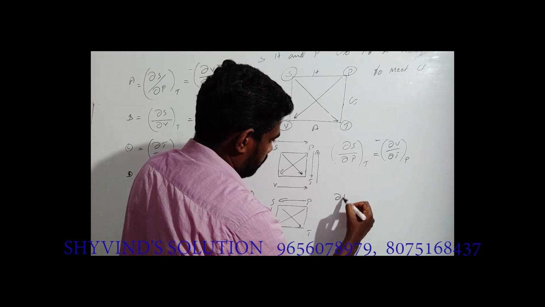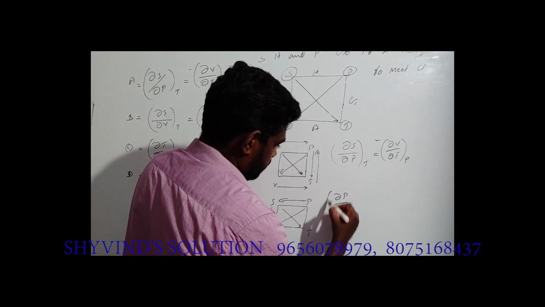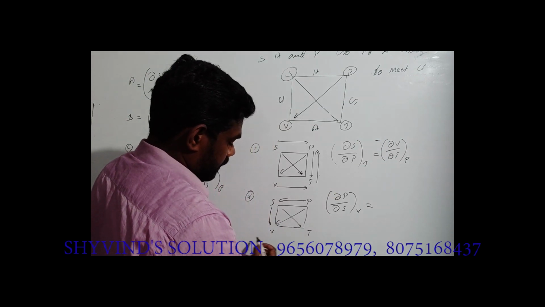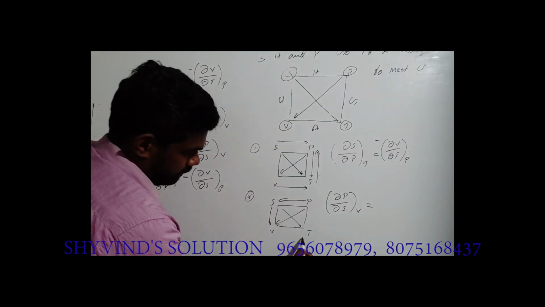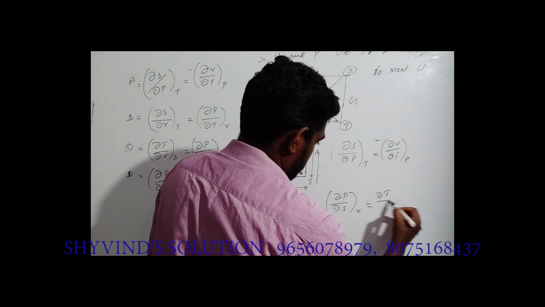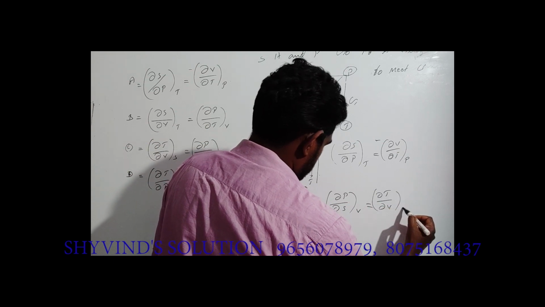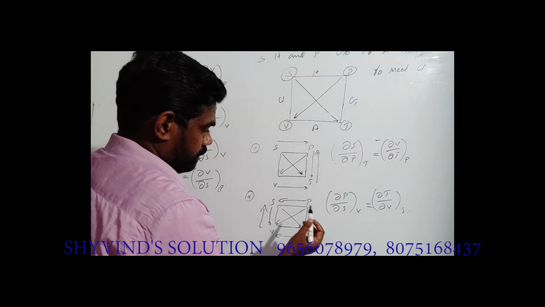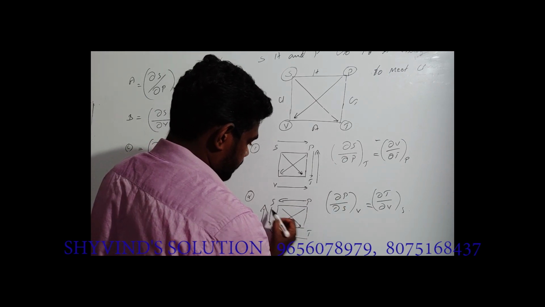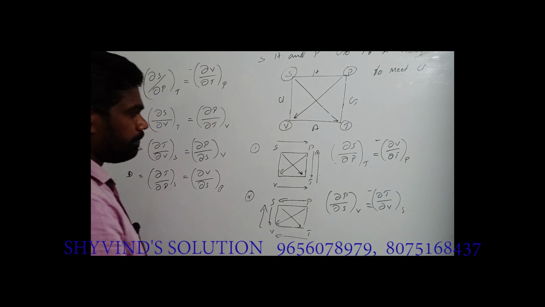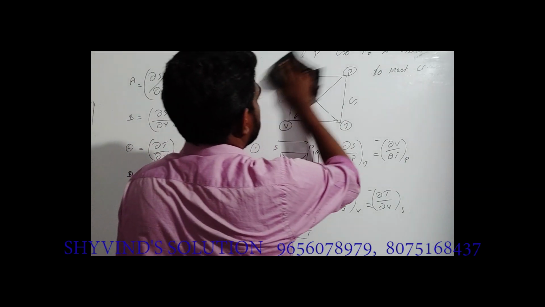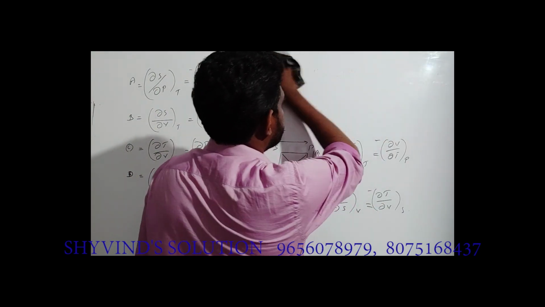So dou P by dou S at constant V equals dou T by dou V at constant S. Which one will be positive? This one is in the same direction, so it will be positive, but here it's in the opposite direction, so there is a minus sign. So what about the other relations?